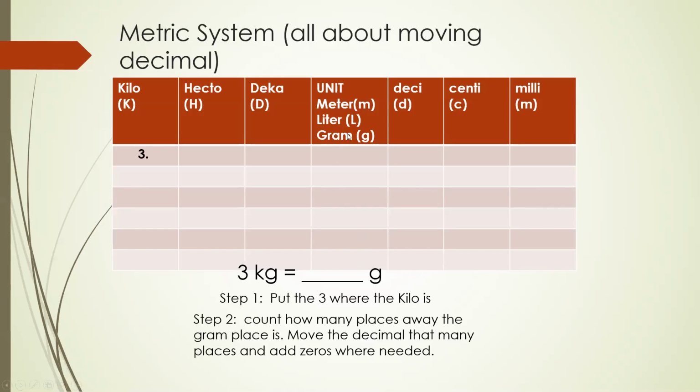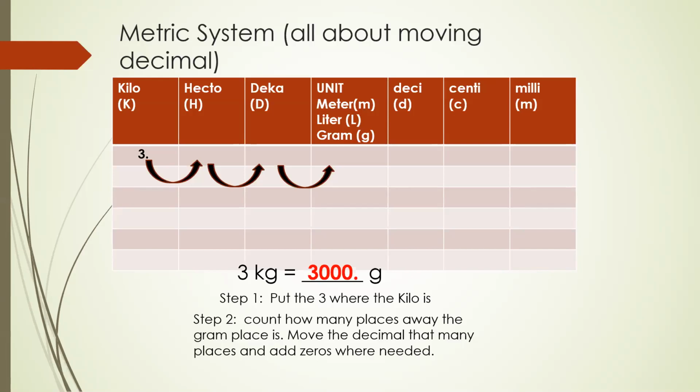So I need to move my decimal 1, 2, 3 places. And in those 3 places, I put a 0 in. So 3 kilograms is 3,000 grams. And I just put that ending decimal there to show you where your decimal belongs.